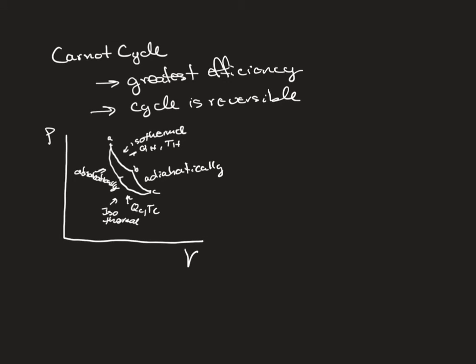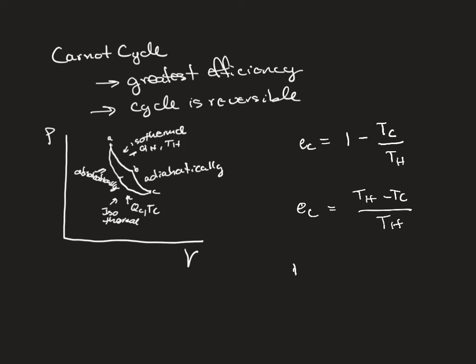So in order to calculate the efficiency of a Carnot cycle, we would use 1 minus temperature cold divided by temperature hot, or we can use the idea that TH minus TC over TH.